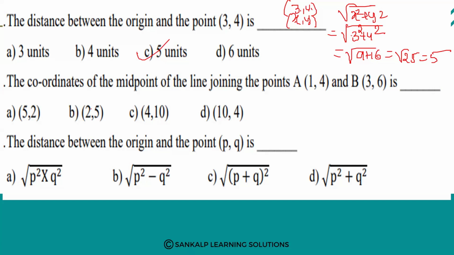The coordinates of the midpoint of the line joining the points A 1, 4 and B 3, 6 is, okay.